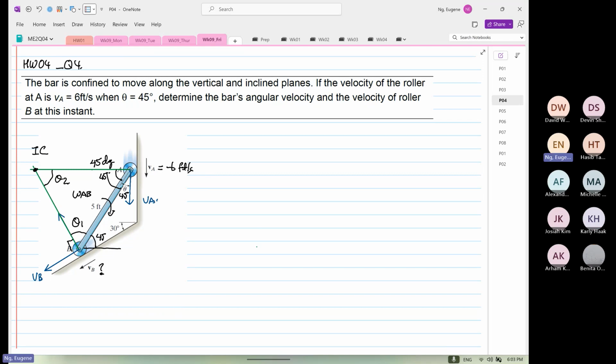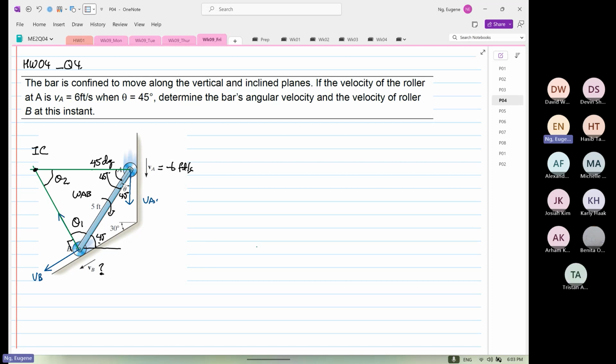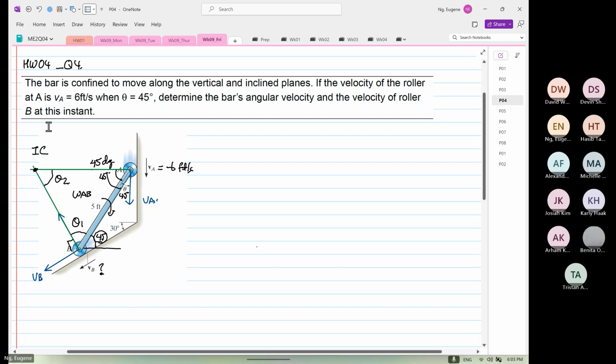So if theta is 45, this angle, do you all agree that this angle has to be 45? Yes.